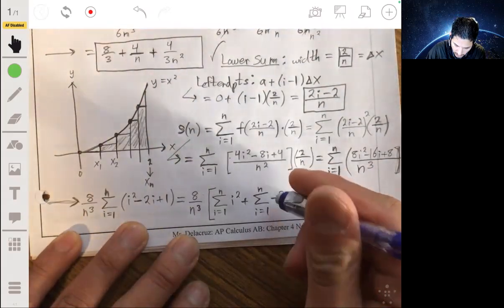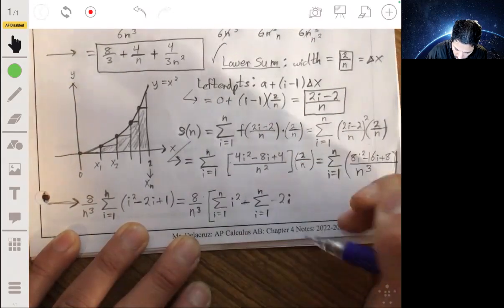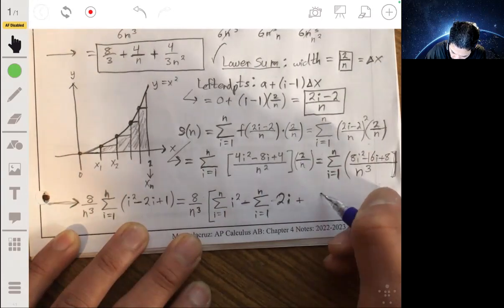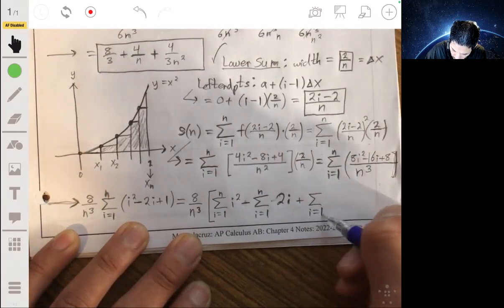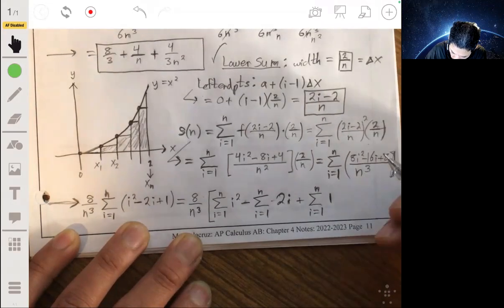Actually, I could just carry that negative out here. It'll probably be easier. So minus the sum of 2i, plus the sum from i equals 1 to n of 1.